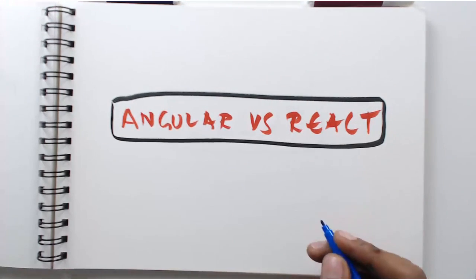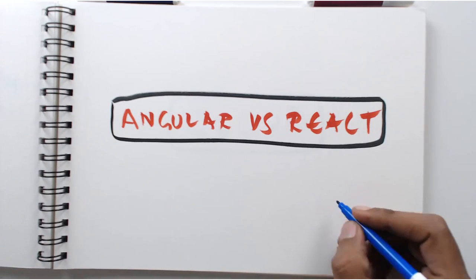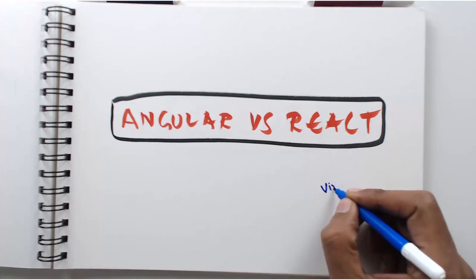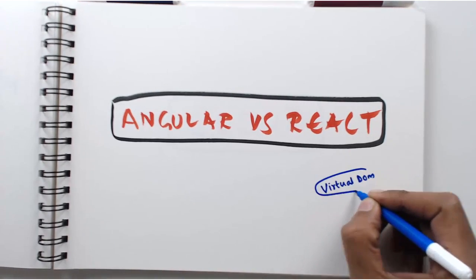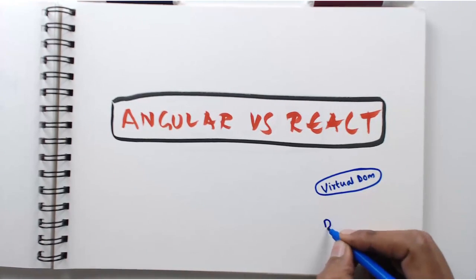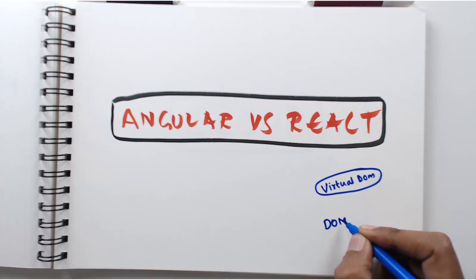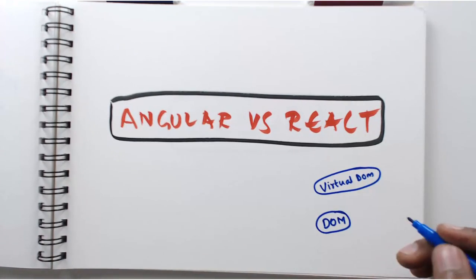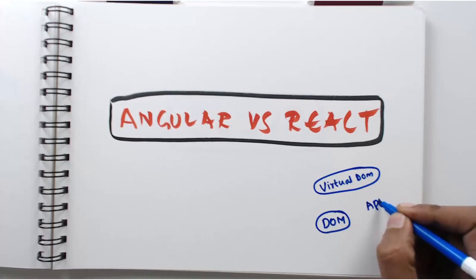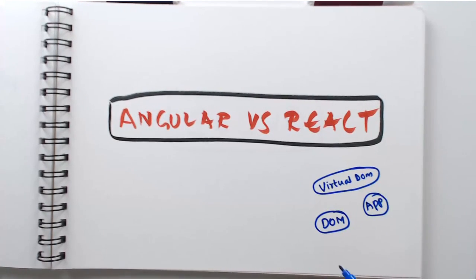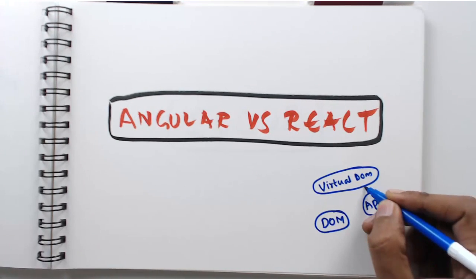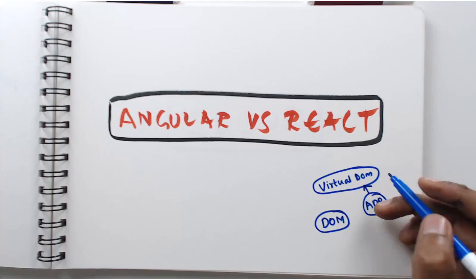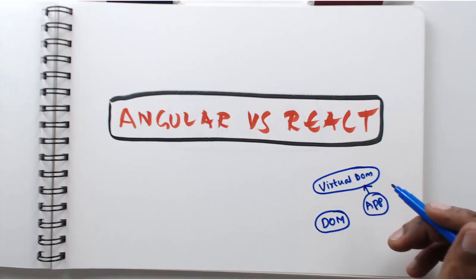One of the amazing things about React is its performance. I love the concept of virtual DOM in React. Typically, whenever we talk about a browser-based application, we are talking about the document object model. Let's say I have a React application here.